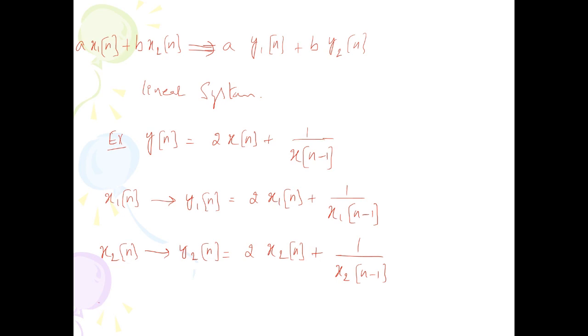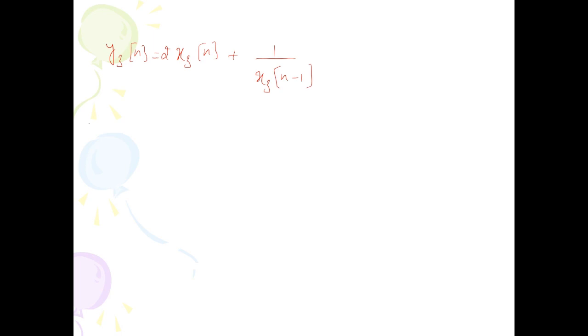Now what we have to apply is x3 of n, and this should give y3 of n, which will be equal to 2 into x3 of n plus 1 by x3 of n minus 1.